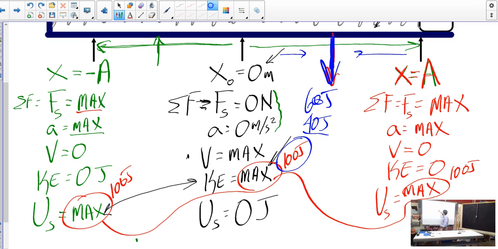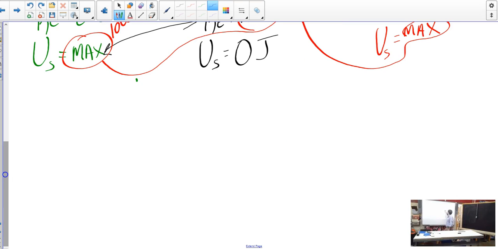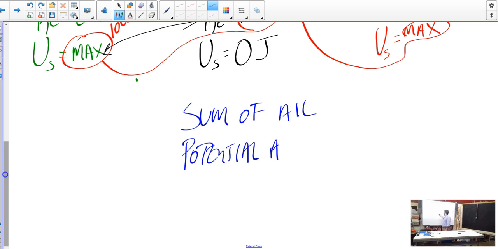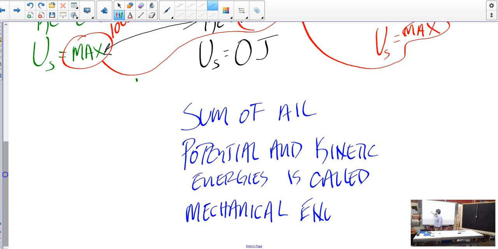And we're going to discuss it in a later video, but it's a good moment to introduce it now. If you have the sum of all potential and kinetic energies for a system, an object or multiple objects, it is called the mechanical energy of the system.